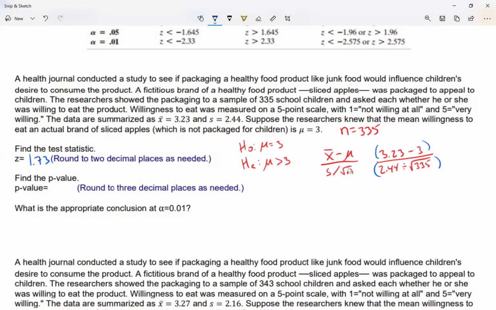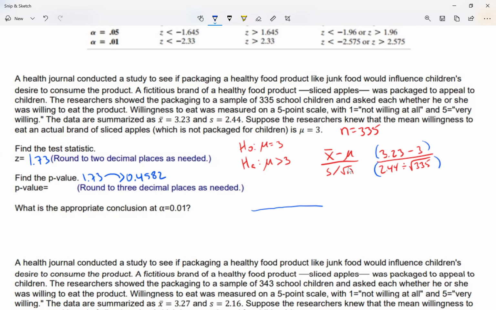I see that 1.73 gives me the probability. My result here is 0.4582. Now my p-value, let me subtract this, because remember, coming back to how our probability distribution looks. Here's the half.